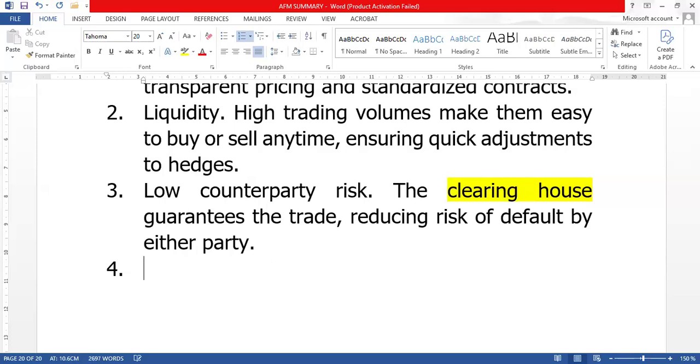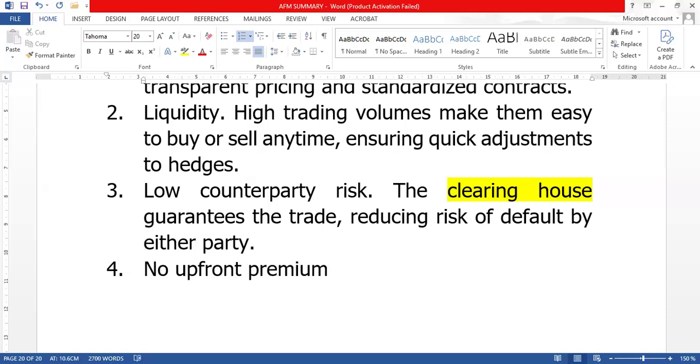Another point you can look at is that there is no upfront premium. When you're talking about options, you pay some money at the start, but with futures, there is no upfront premium. This is a very key point.